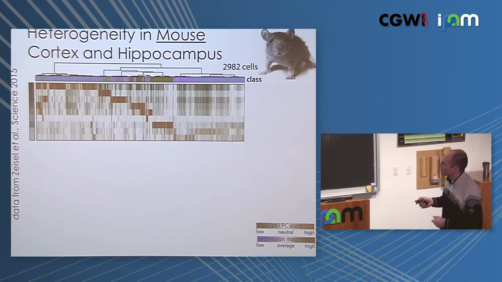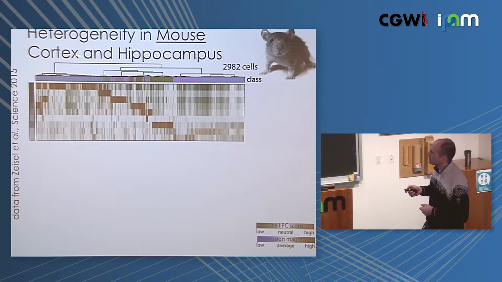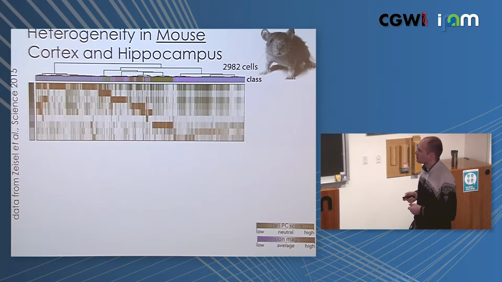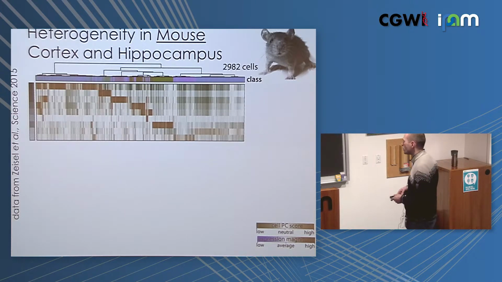This is a result, again, columns of cells here, and these are cells from mouse hippocampus and cortex. And what I'm showing here as rows are these aspects of heterogeneity, basically in orange and green, separating some cells from others. And we're just listing them here as rows.